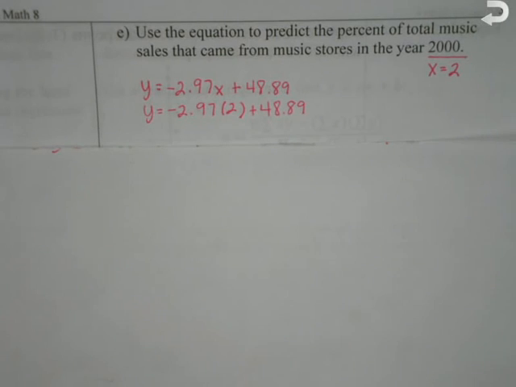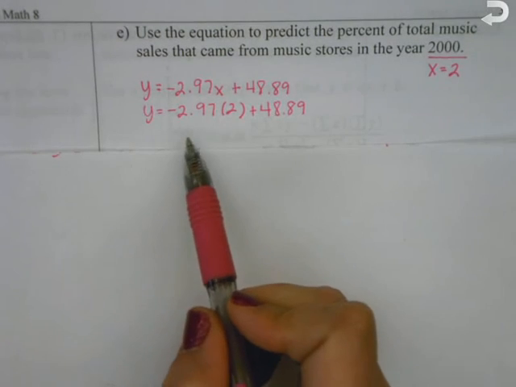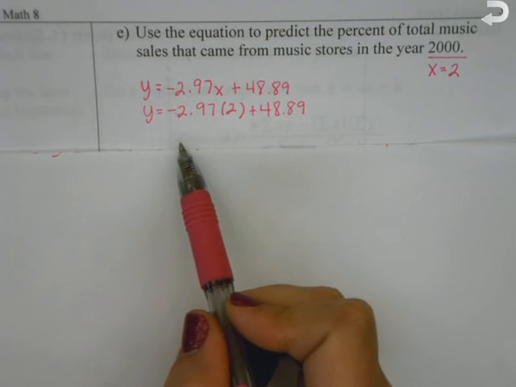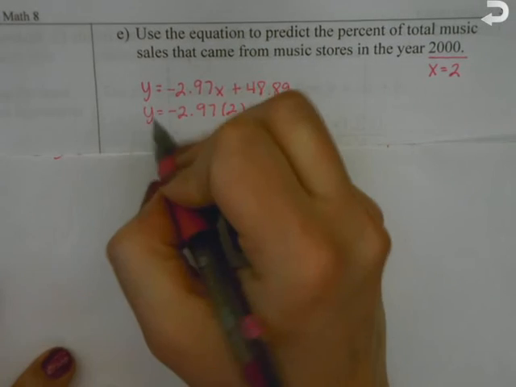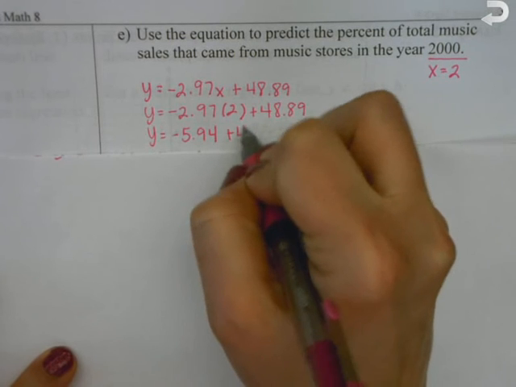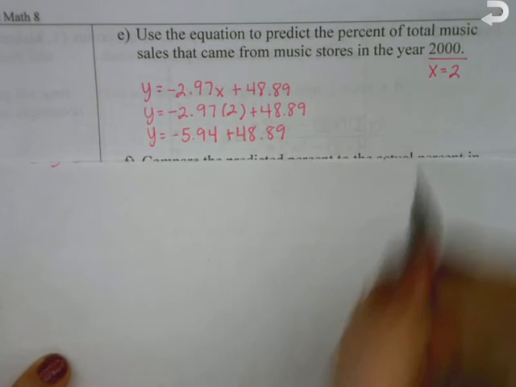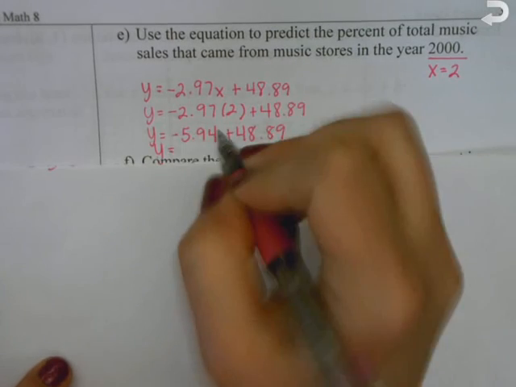Plug it into our calculator, and negative 2.97 times 2 gives us y equals negative 5.94 plus 48.89. And then let's add 48.89, and we get y equals 42.95.